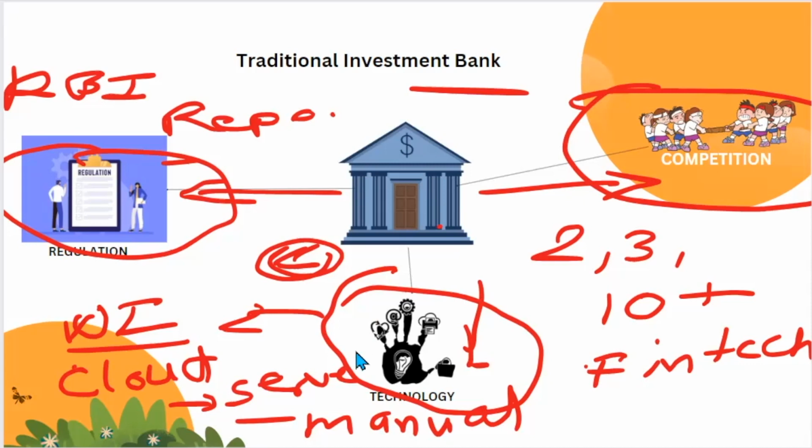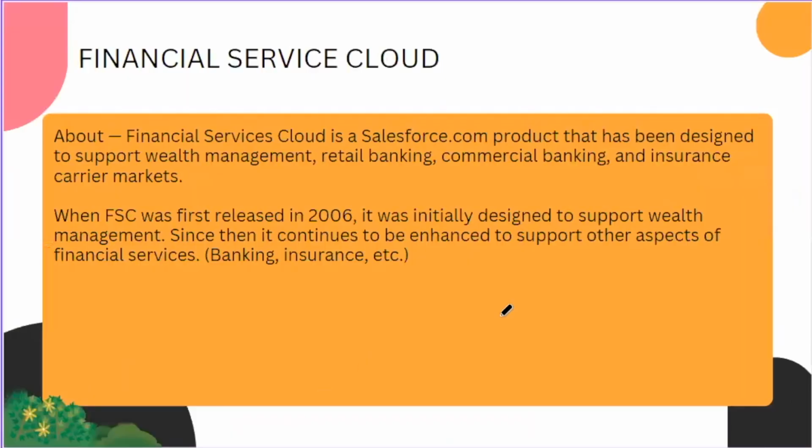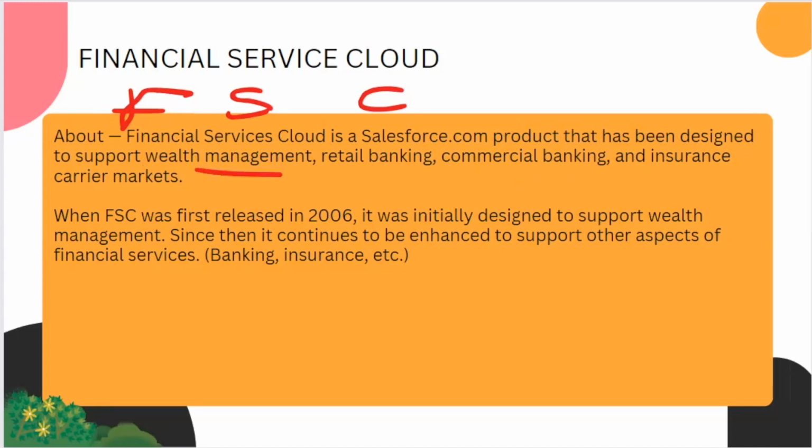And we will see in the future how Financial Service Cloud, how FSC, will solve these issues of this particular bank. But before that, first we have to learn what Financial Service Cloud is. So Financial Service Cloud, also known as FSC, is just another product that has been designed to support wealth management, retail banking, commercial banking, and the insurance market.